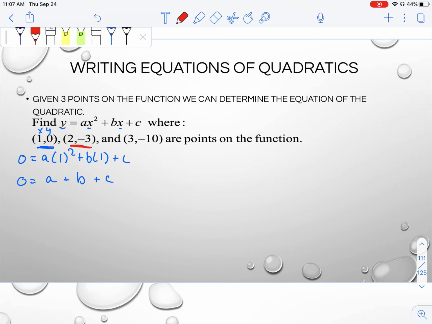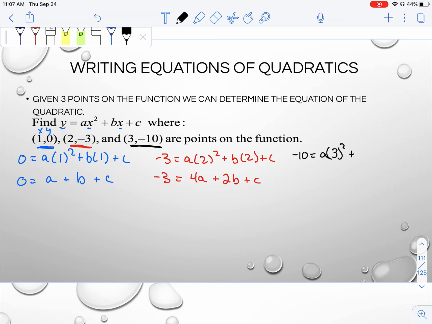Next one, y equals a times 2 squared plus b times 2 plus c. So negative 3 equals 4a plus 2b plus c. And our last one, y equals ax squared plus bx plus c. Clean it up.